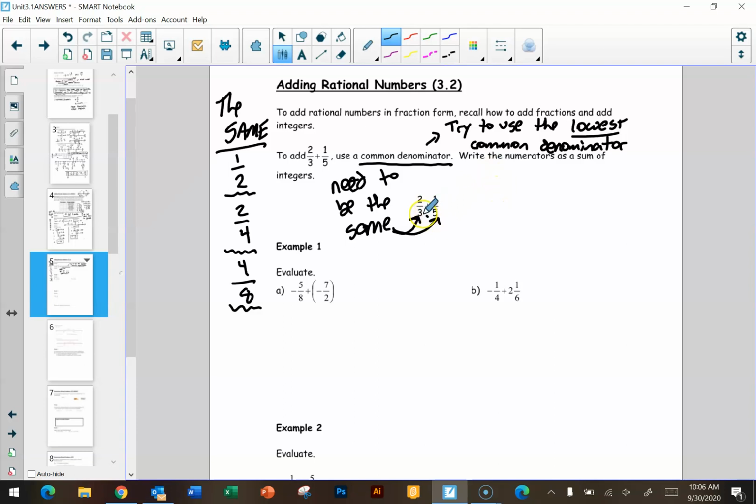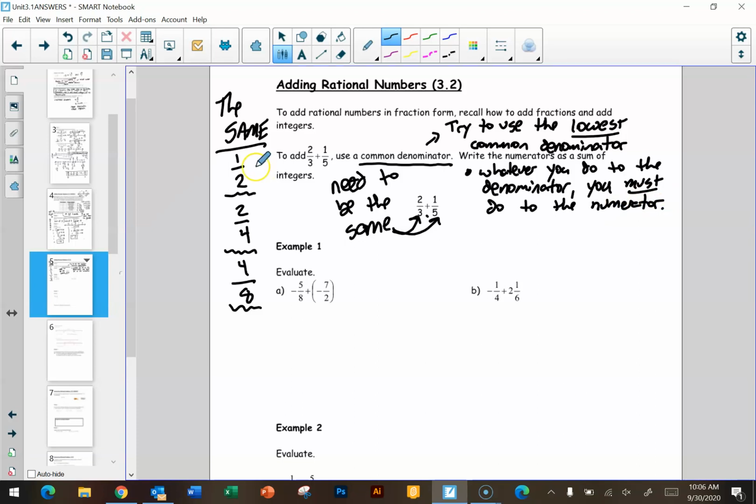Whatever we do to the bottom, you have to do to the top. So that's a point that you should make there. Whatever you do to the denominator, you must do to the numerator. Otherwise, you're changing what it means.